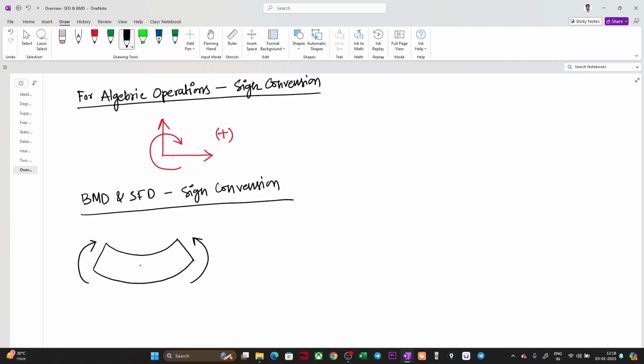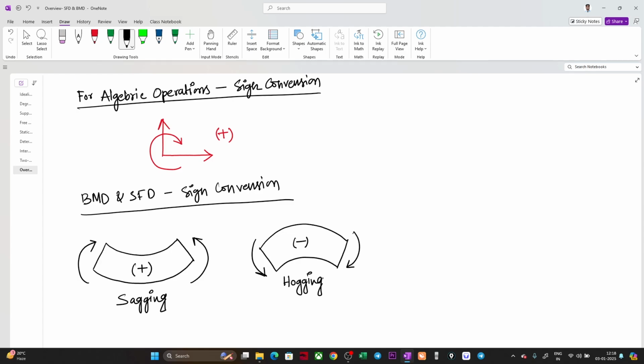This bending we consider as positive and we call it sagging. And if the bending occurs like this, it is due to moments like this, so we consider it as negative and we call it hogging.